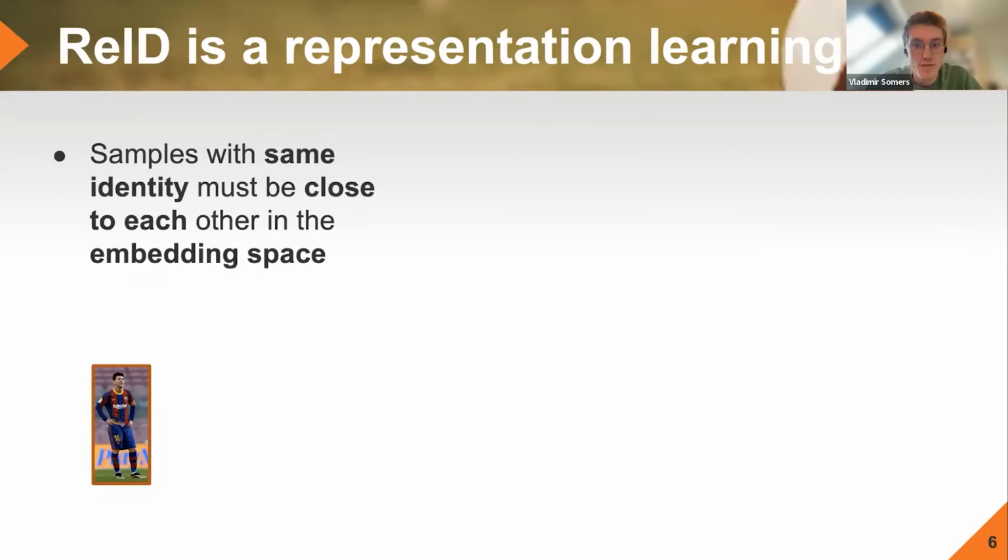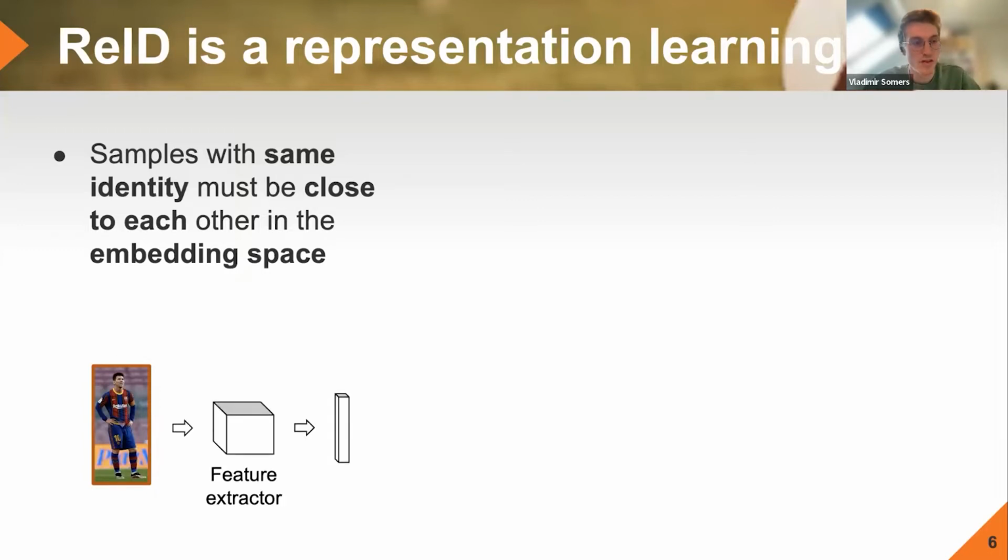So because we perform the retrieval task using a ranking and a similarity metric between samples, we can conclude that ReID is a representation learning task, and more precisely, a metric learning task, or even a deep metric learning task, as we are using deep learning to learn the similarity metric. And so deep metric learning means that each sample in the dataset will be processed by a feature extractor.